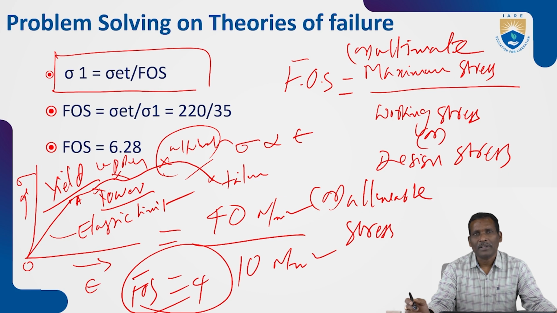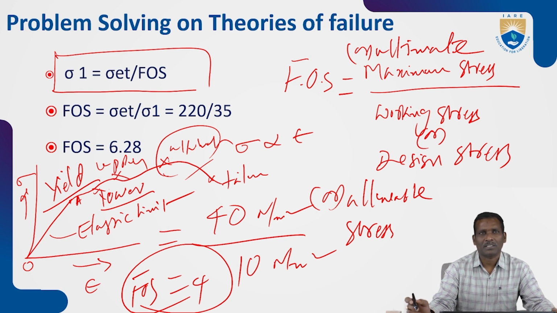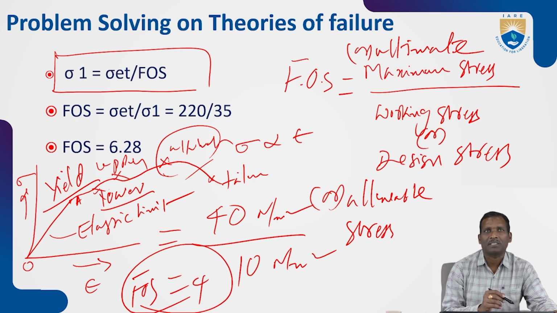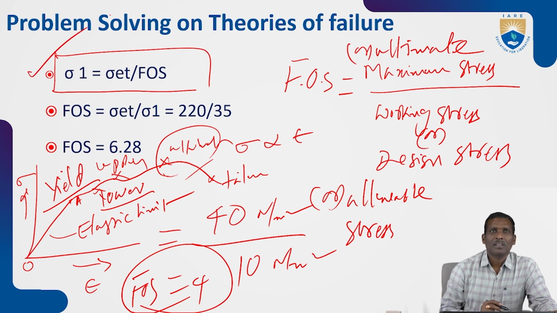Here, what is asked is: factor of safety is equal to maximum stress by working stress. The working stress here is the principal stress, sigma 1. The ultimate stress is the elastic limit, and the working stress is sigma 1.